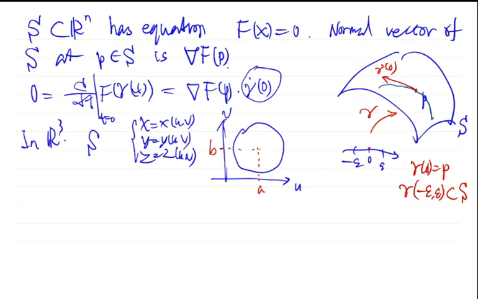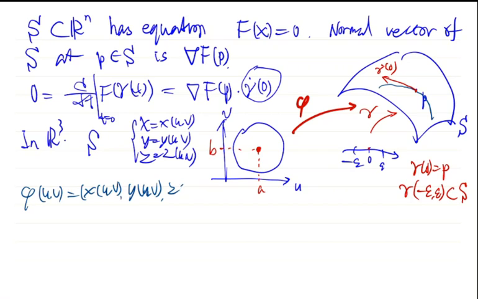This point is mapped into the surface. The map is phi. That is to say, phi(u,v) is (x(u,v), y(u,v), z(u,v)), and the point (a,b) is mapped to the point P on the surface. Phi(a,b) is P in the surface.